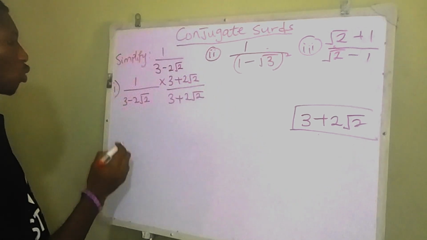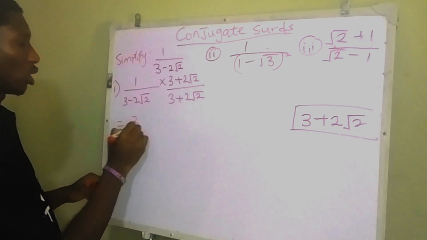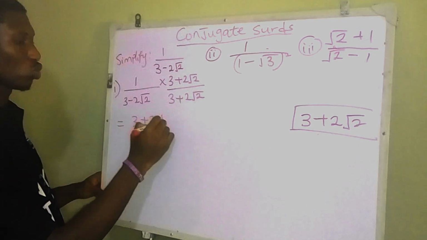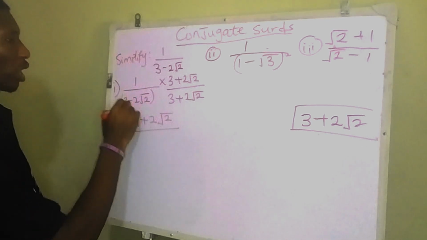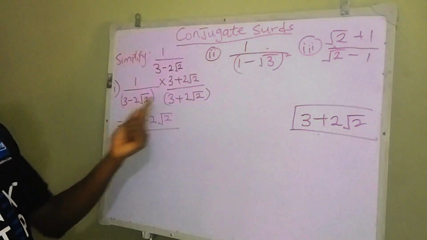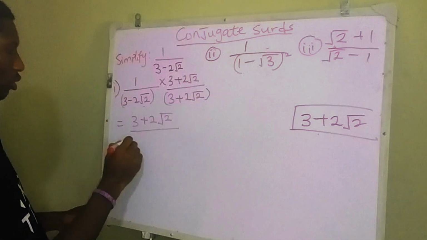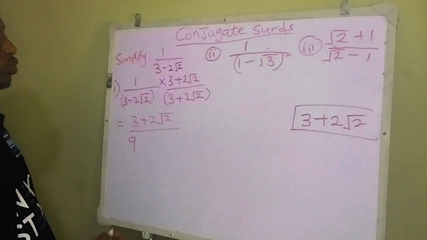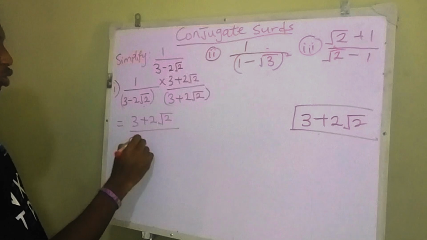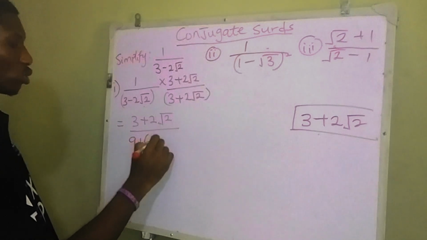Now, this times 1 will obviously give me 3 plus 2 square root of 2 all over, this will be in brackets, this will be in brackets. 3 times 3 is 9. 3 times 2 square root of 2 will be plus 6 square root of 2.